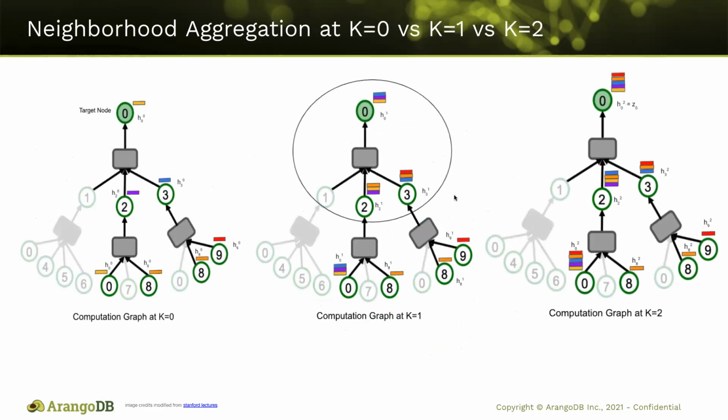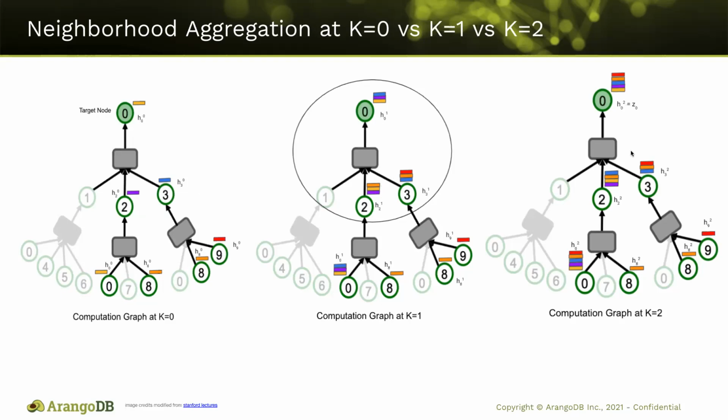In this slide, we are comparing the node representations or embeddings at each layer of GraphSAGE. As the search depth increases, the reach of the target node in terms of aggregating features from its local neighborhood also increases. For example, at k equals 1, the target node knows the information about its local neighborhood, which are at 1 hop distance.